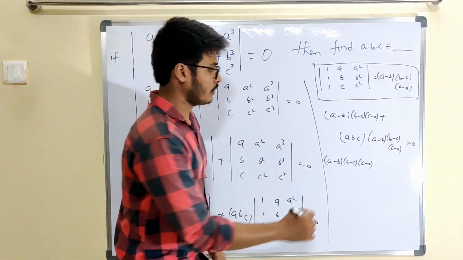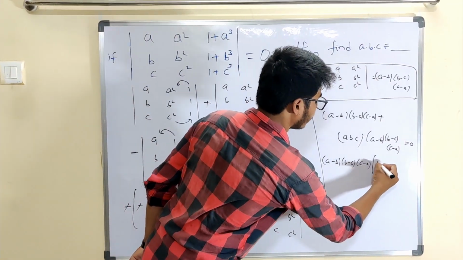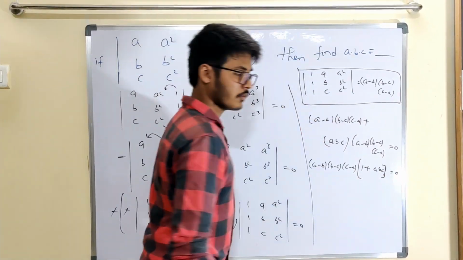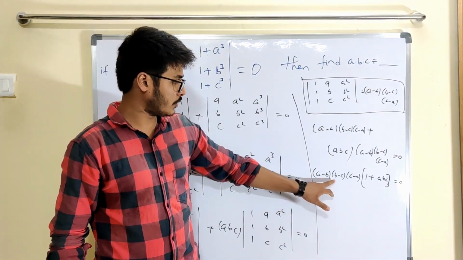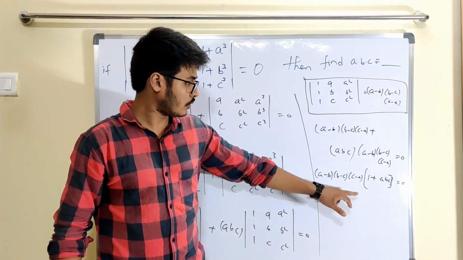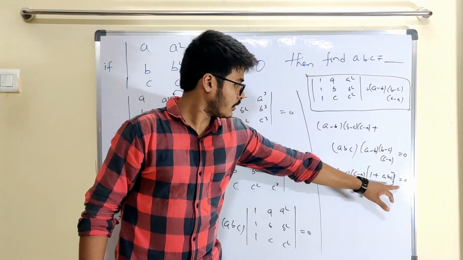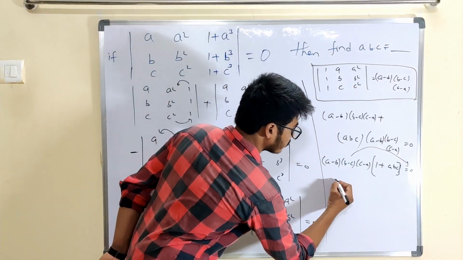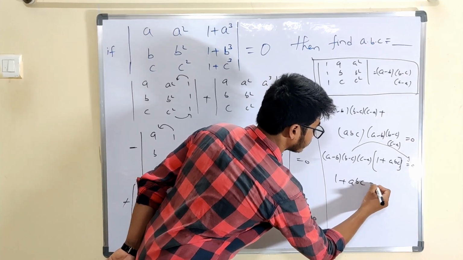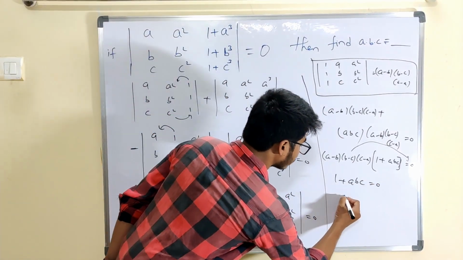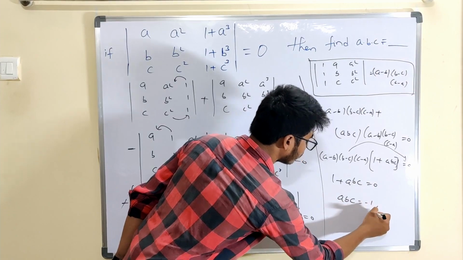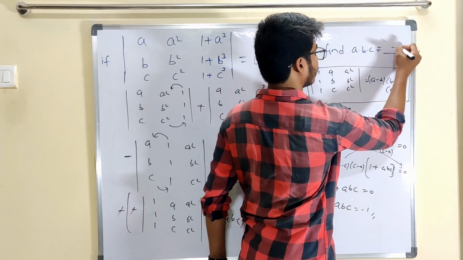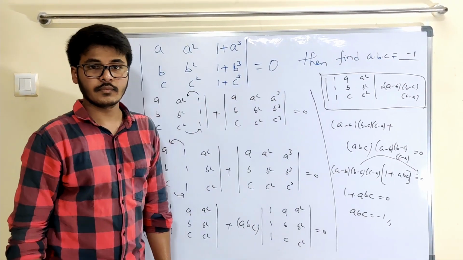We take common here. Now we get 1 plus abc is equal to 0. Now we'll send it to this side. So a into b into c is equal to minus 1.